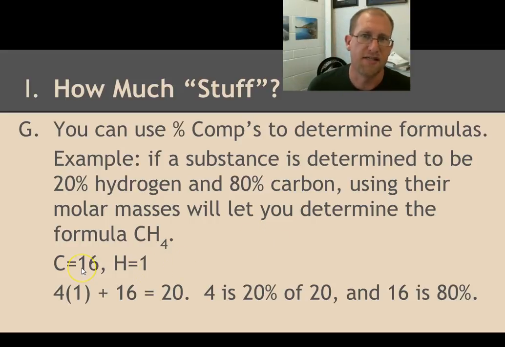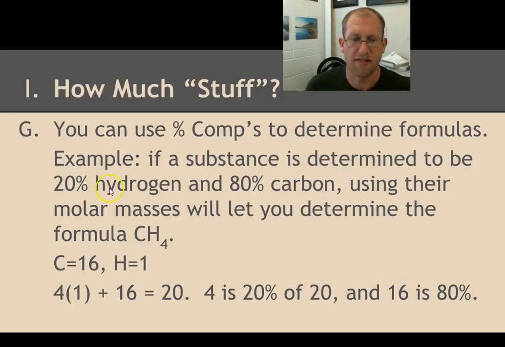So carbon is 16, hydrogen is 1. If we know that it's 20% hydrogen and 80% carbon, right, then we could show that 4 times 1 plus 16 is a molar mass of 20, and 4 is 20% of that, and 16 is 80% of that.